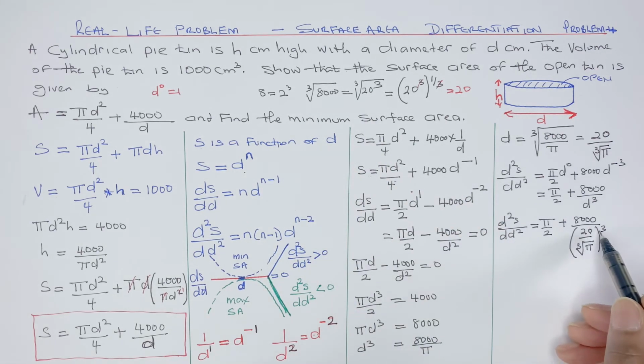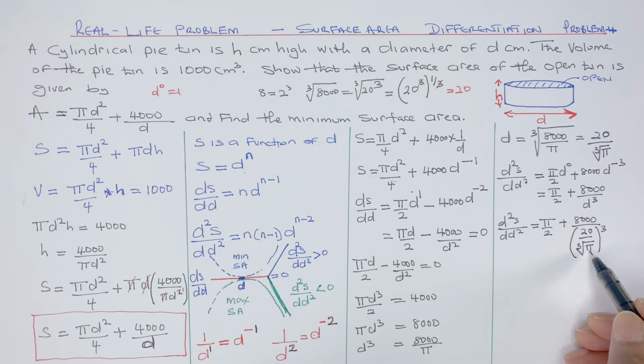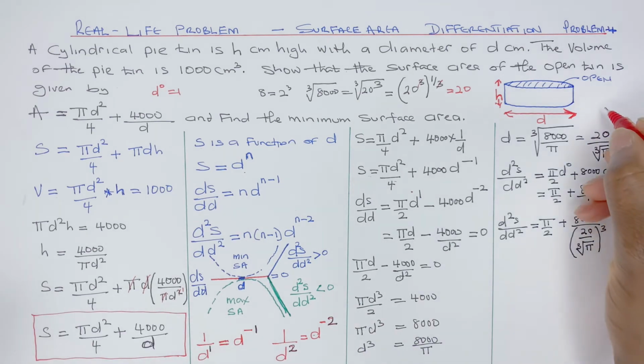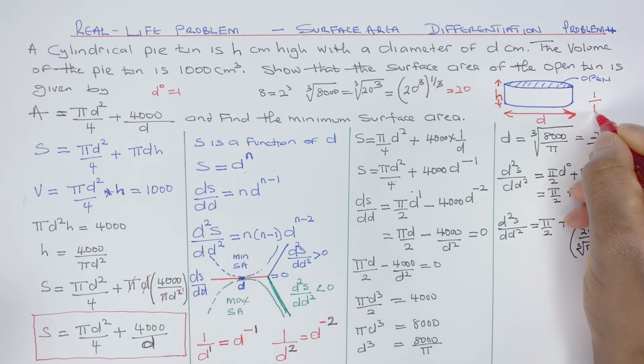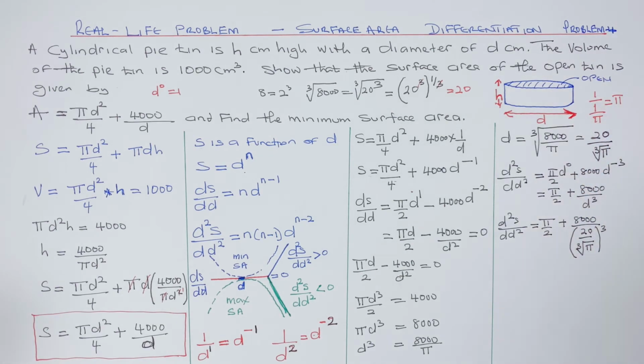So you're going to get 8,000 here at the bottom, and that 8,000 cancels the 8,000 on top. Then you're going to have 1 over cube root pi cubed, that will be pi to the power 3 over 3, pi to the power of 1. So that would just be pi at the bottom. 1 over 1 over pi is pi. So basically, the whole thing here will become pi.